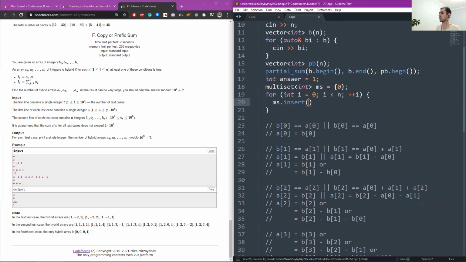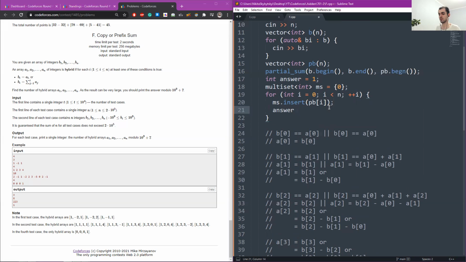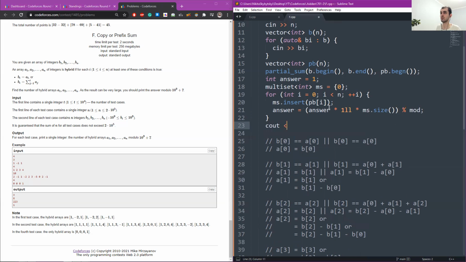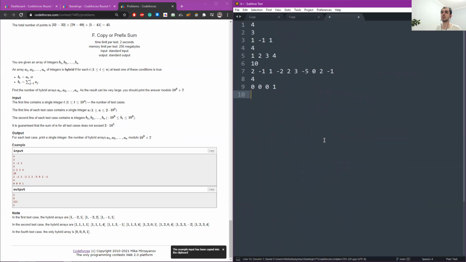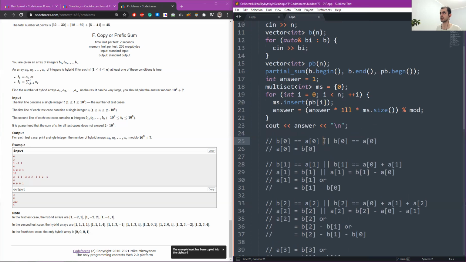Right. So at least multisets can't be hacked by hash collision, right?